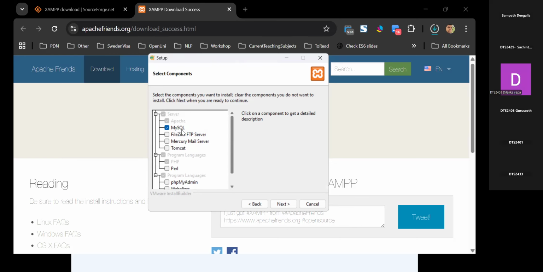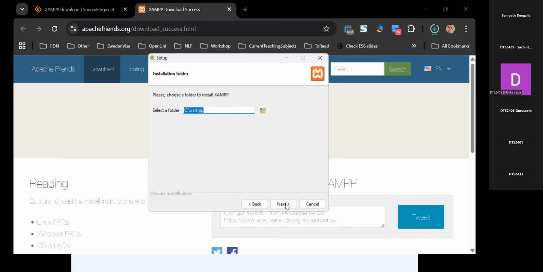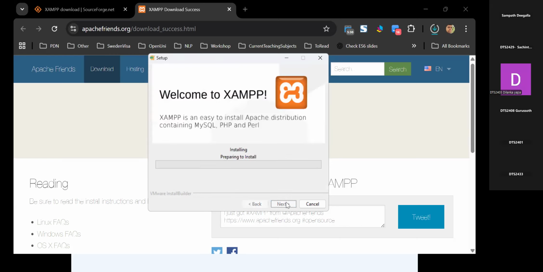We are interested to learn MySQL only, so I selected only MySQL and clicked next. I already have some versions, so I will rename it. Otherwise, in your case, you don't have to do that. This will be saved automatically in your hard drive. Then you click next, and it will be installed in your machine.